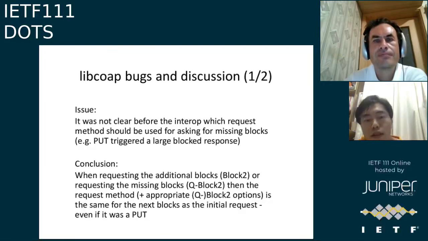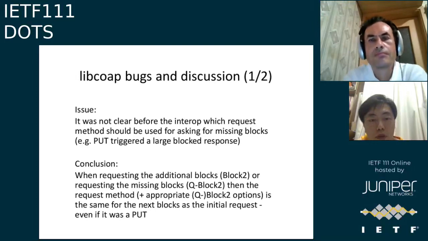Okay, the first one is about the method to be used in Q-Block2 communication, and also Block2 communication. The issue was that it was not clear before the interop which request method should be used for asking for missing blocks. For example, PUT triggers a large blocked response.